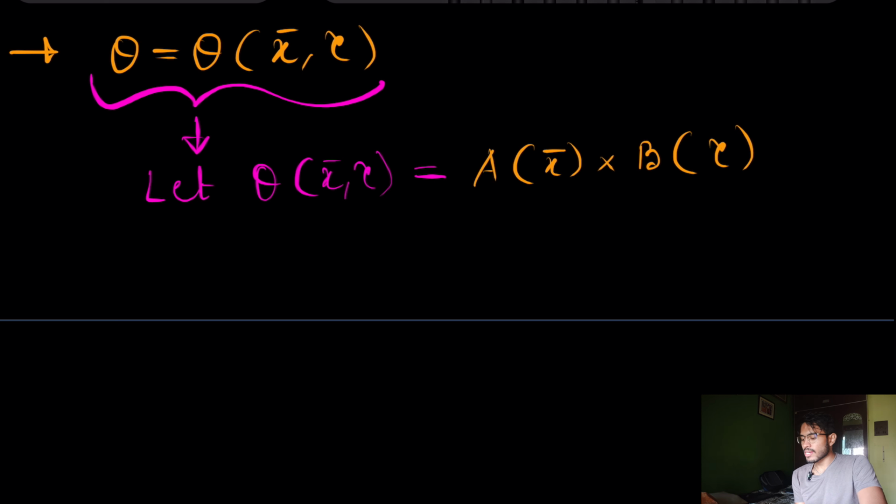I could have broken this function like A plus B. All these combinations are possible in this method. You could have broken it like A into B, or with some coefficient a times only B plus another coefficient b times only B plus another coefficient c times only A. All these combinations are possible.